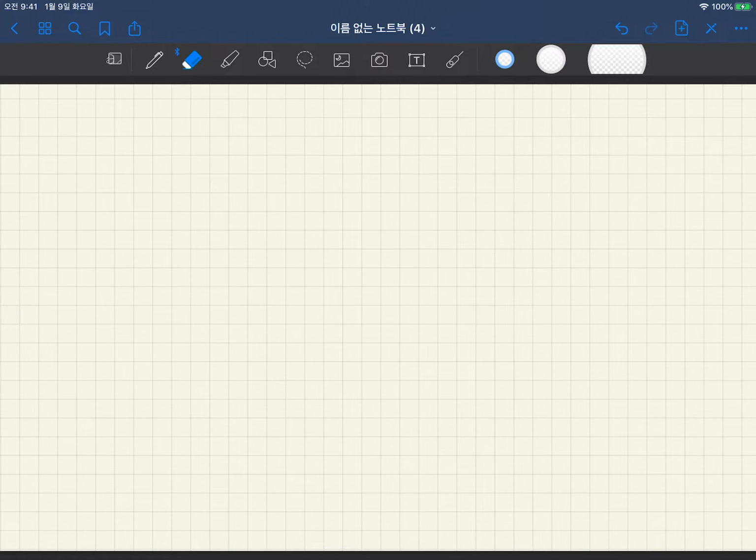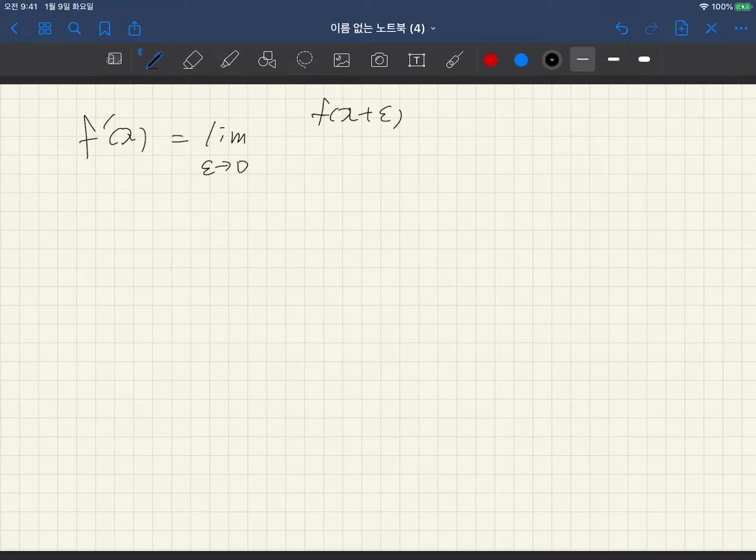In this video, I will explain the chain rule, which is the basic theory for backpropagation. Okay, we start with the derivative. From the definition of the derivative of function f, f prime x, the derivative of function f at point x, is equal to the limit as epsilon goes to 0 of (f(x plus epsilon) minus f(x)) over epsilon.